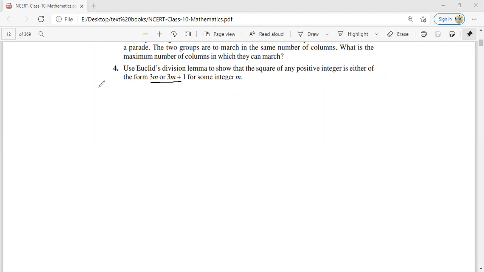So we will take 3q plus r. Here also we will take 3q plus r. We have to prove their square will be 3m or 3m plus 1.